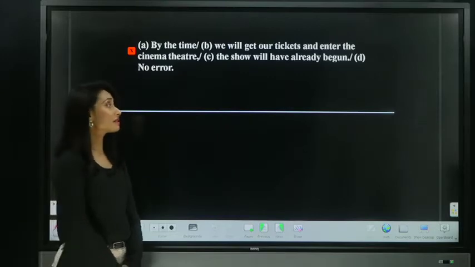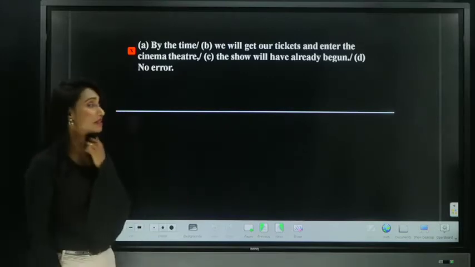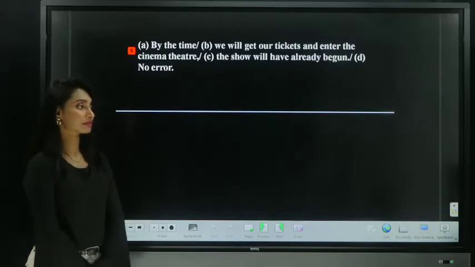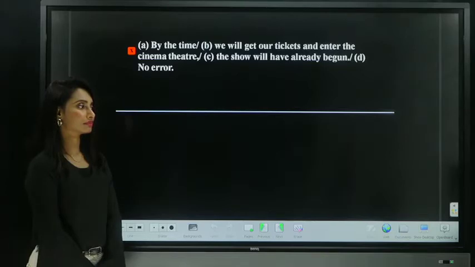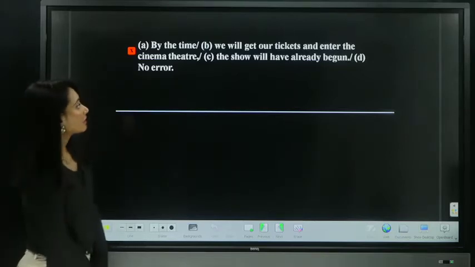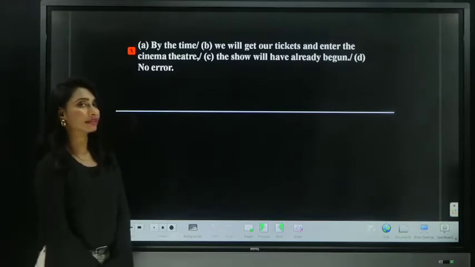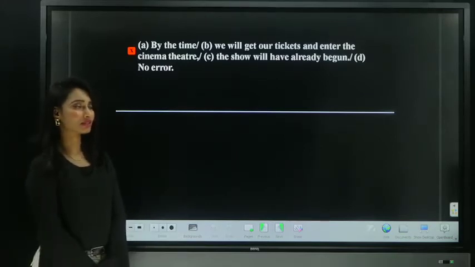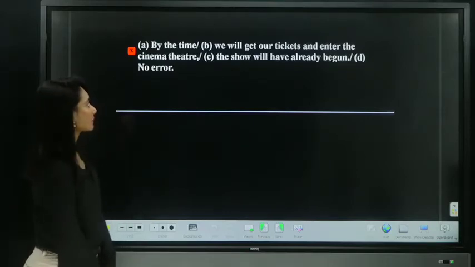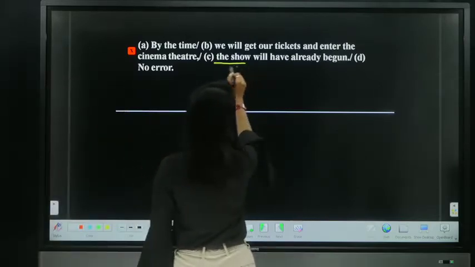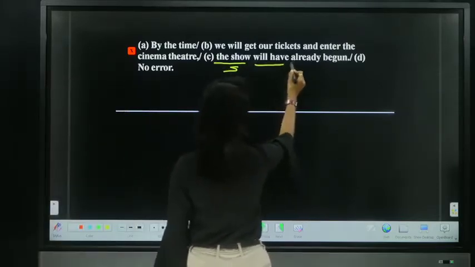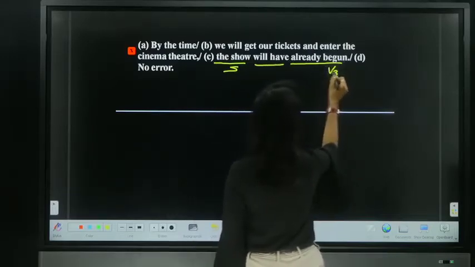I discussed this today itself. So just think, what is the error? Alright, Sunny has given option C as the answer. No, Sunny, just reconsider your answer. It's not C. C is in which tense? The show will have already begun.